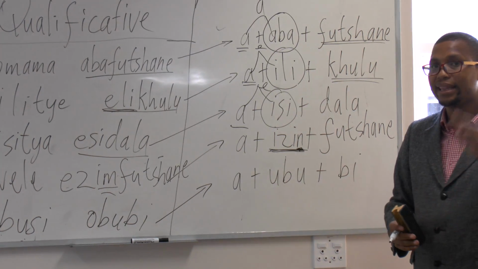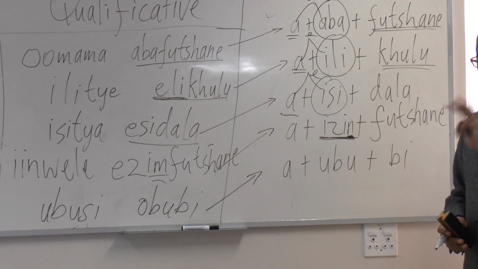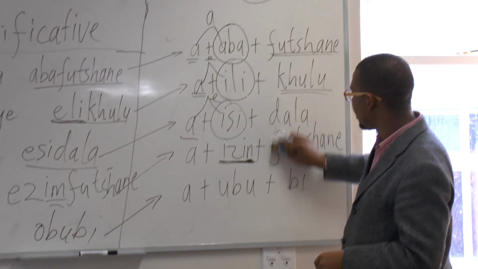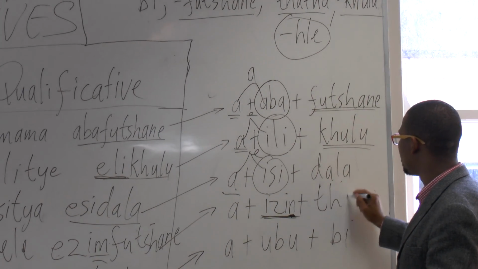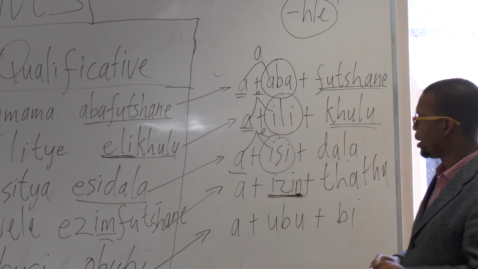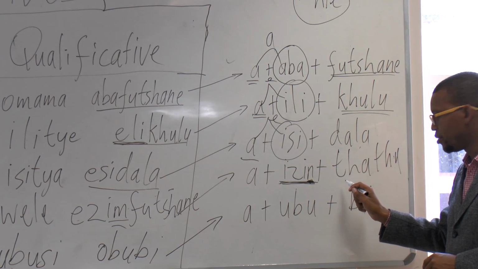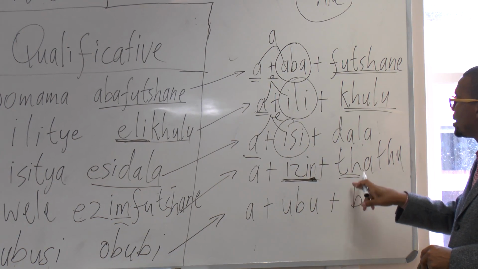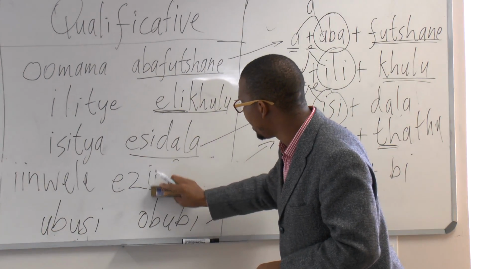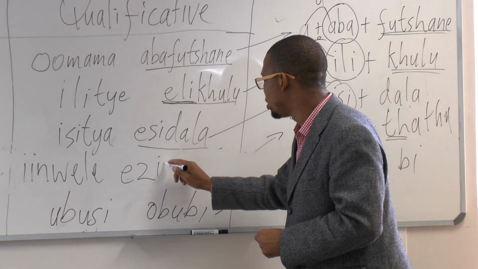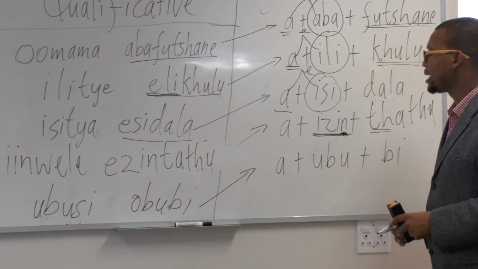Then three hair. If you want to say three hairs, then let's just put 3 here, which is tathu. Remember then that when this N comes in front of TH, that TH we always drop the H, and we are left with inwele ezintathu.